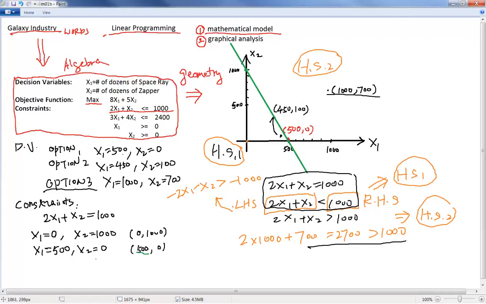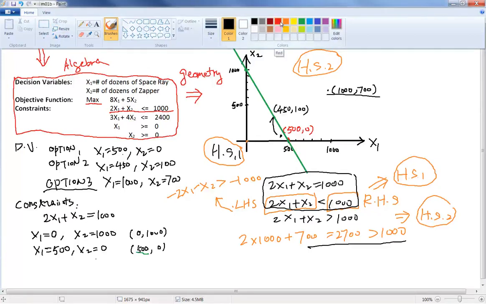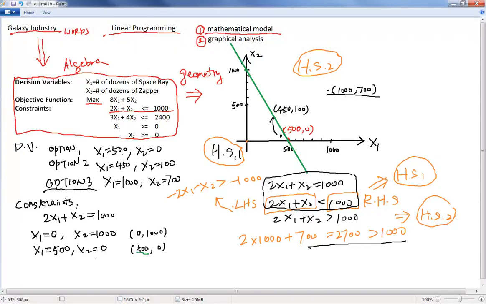Therefore, this production plan is not feasible, and the same is true of any production plan that lies in half space 2. So just considering this one constraint alone, we know only the production plans that lie in half space 1 are feasible.